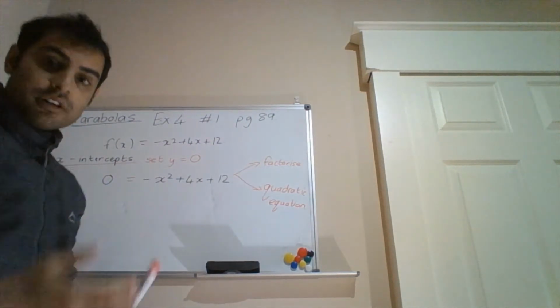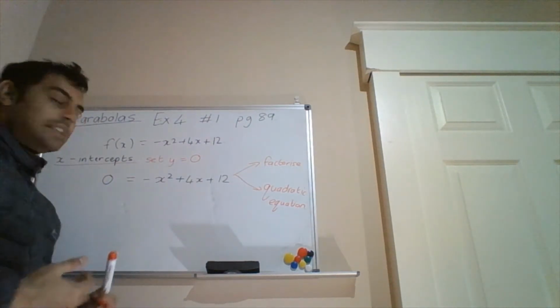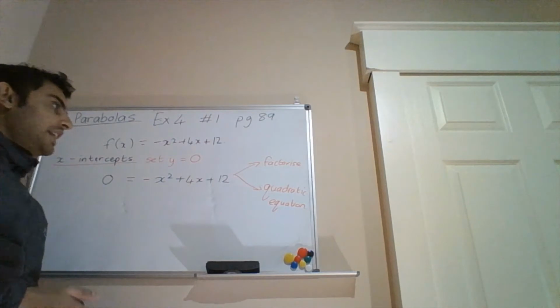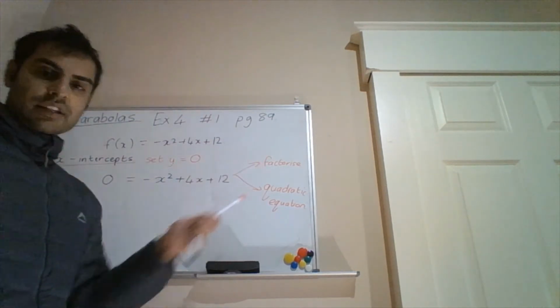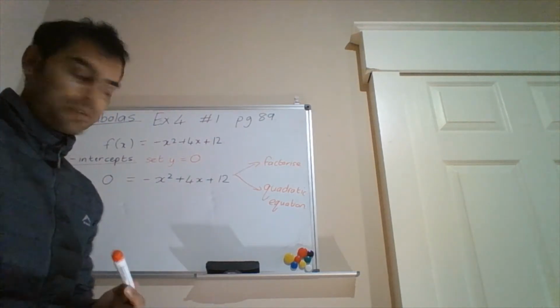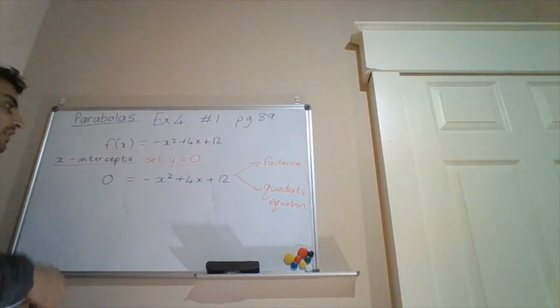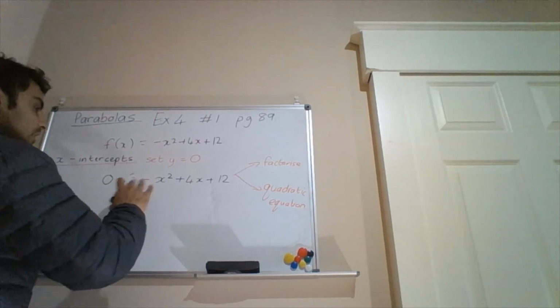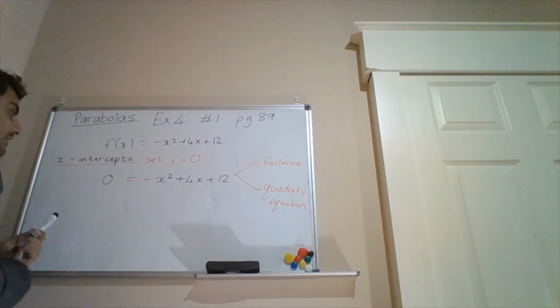So I'm going to do both methods and show you that they give us the same thing. And you can pick between the two, whichever you're more comfortable with. So starting off with factorize.